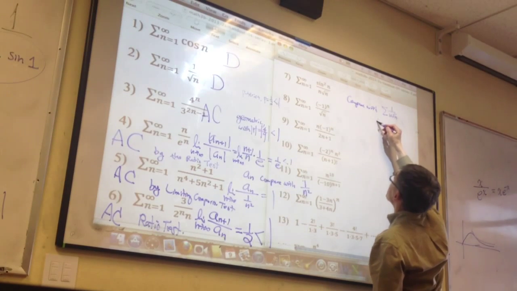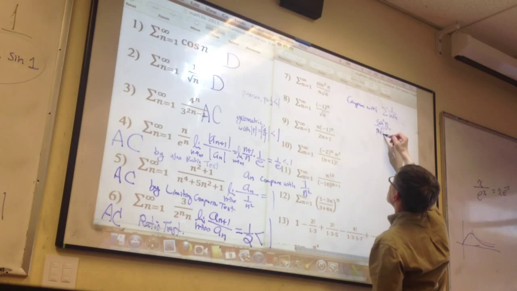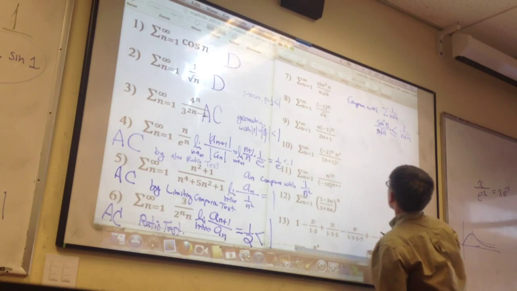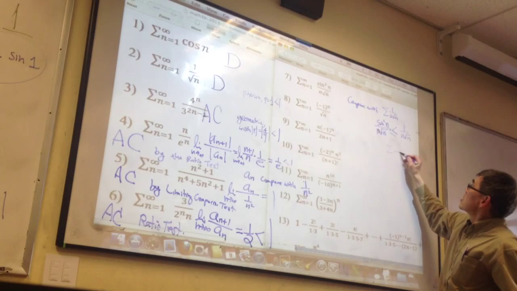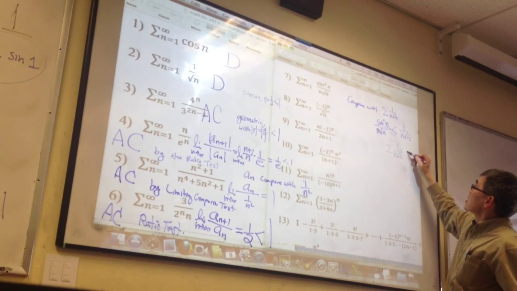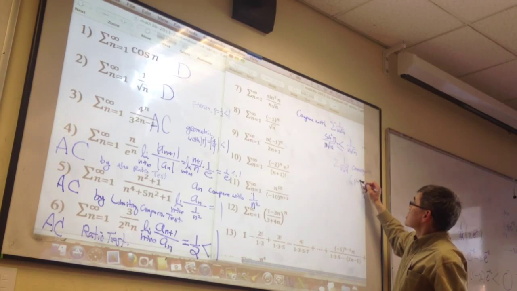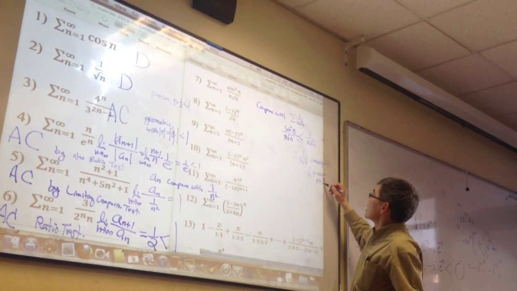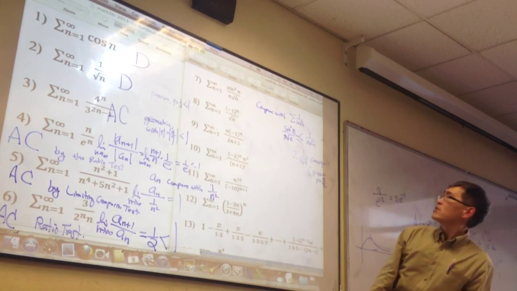You just notice that sine square n over n square root n is less than or equal to 1 over n square root n. But the summation of 1 over n square root n converges. Why? It's a p-series, with p equal to 3 halves. Right, 1 and 1 half, 3 halves.